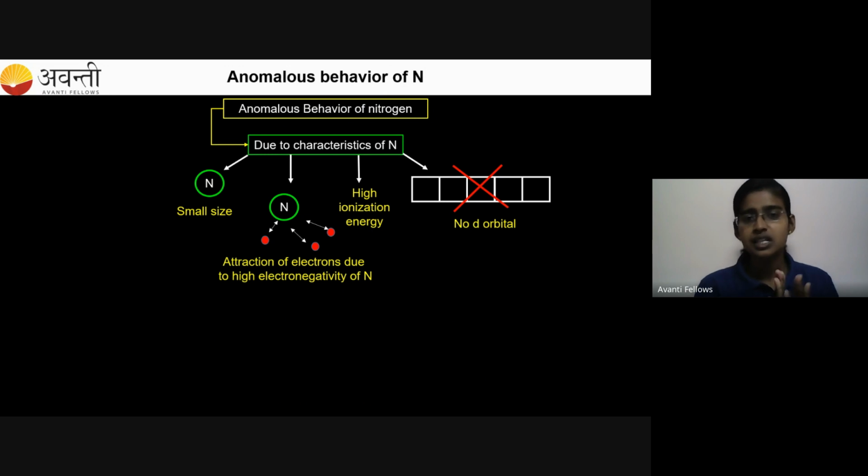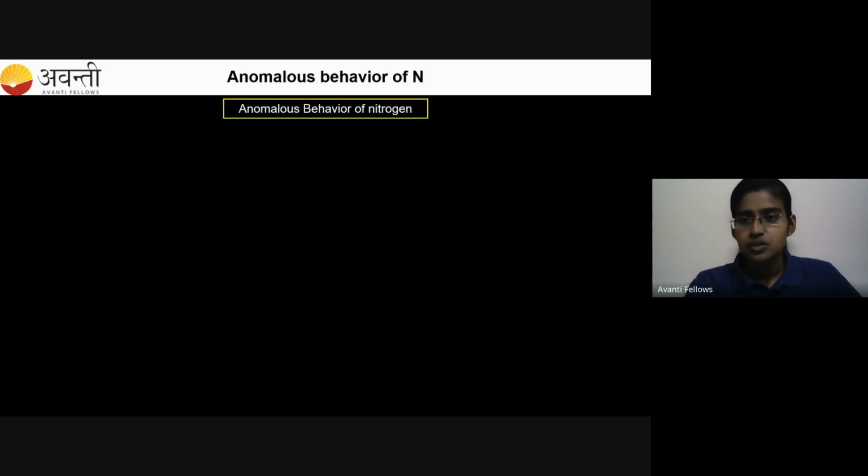So these are the 4 important characteristics of the anomalous behavior of nitrogen: small size, high electronegativity, high ionization energy, and absence of vacant d orbitals. Got it? Now some more properties are there.